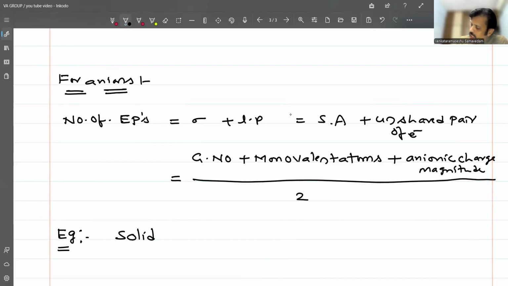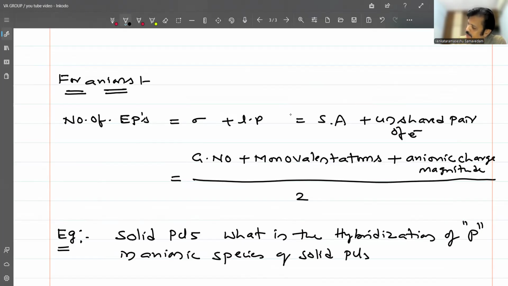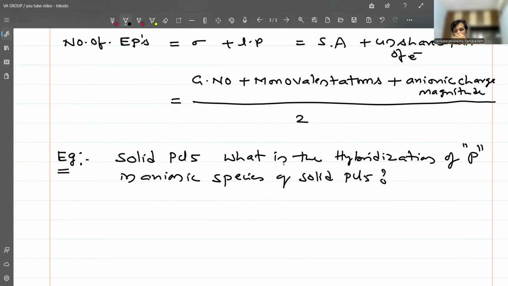Sometimes whenever you're reading inorganic chemistry, they will give solid PCl5. What is the hybridization of phosphorus in the anionic species of solid PCl5?